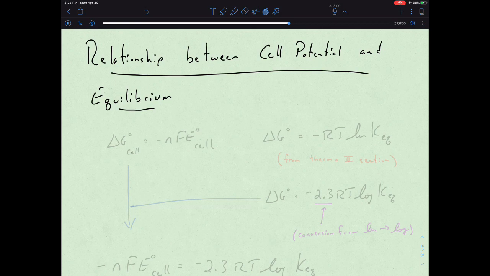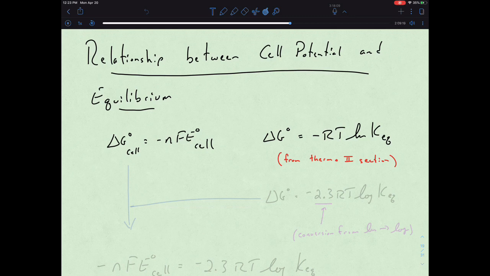We know that there is a relationship between delta G and cell potential. We also know from prior work that there's a relationship between delta G and our equilibrium constant. So this is from our Thermo 2 section, this relationship of delta G and our equilibrium constant.